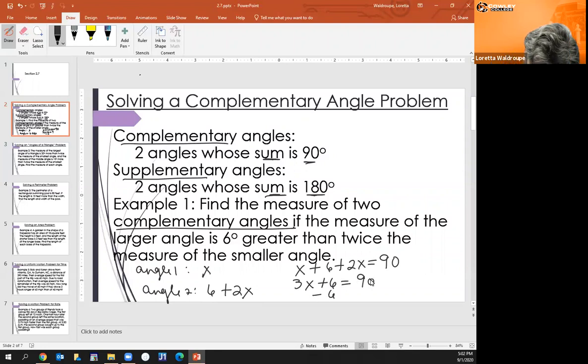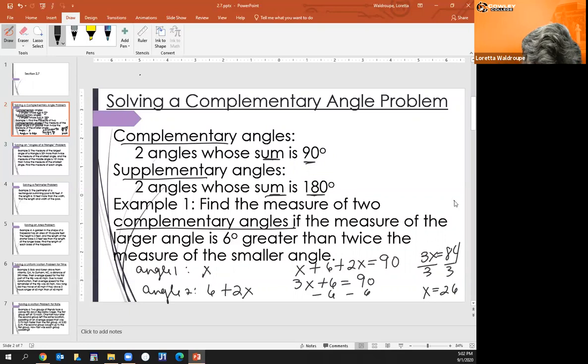Subtract my 6 from both sides. 3x equals 84. Divide by, and I wrote 48. Sorry about that. 84 divided by 3, and x equals 26.